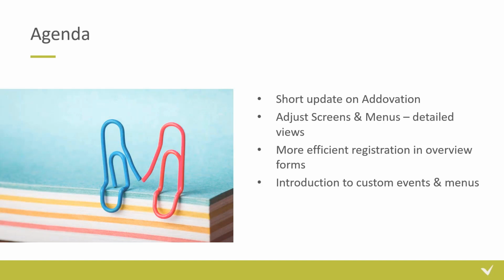Then we will move over to how to make the registration process more efficient in overview forms. And in the end, we will have a brief introduction to custom events and menus. This is a topic in itself, so we will only introduce the functions briefly for now, and then we might come back to that in another webinar later.